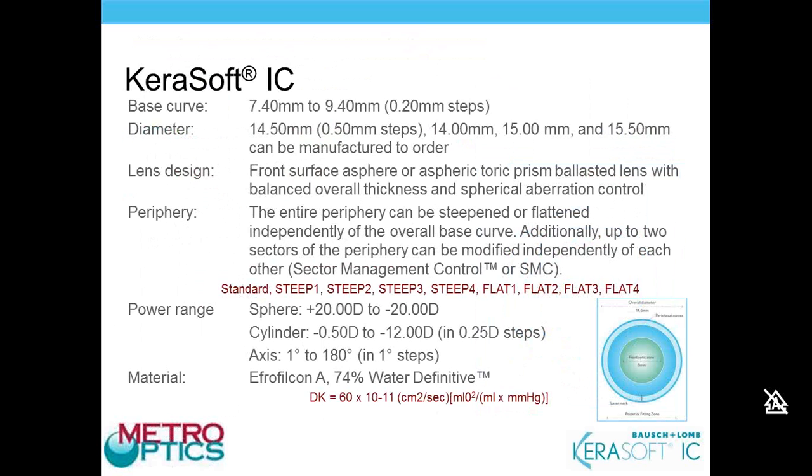However, with this design, we want to actually provide the maximum amount of cylinder power that we refract. The patient will achieve their visual benefit in doing so. The material, as I said before, is the definitive material, and the Dk is 60. This is a silicone hydrogel material in this lens.